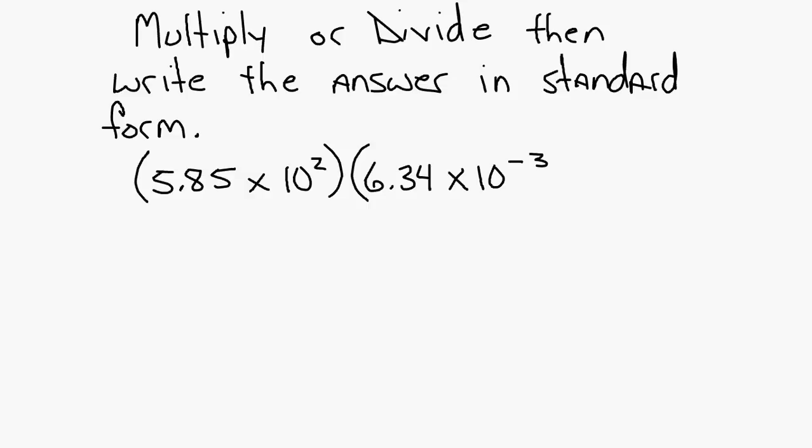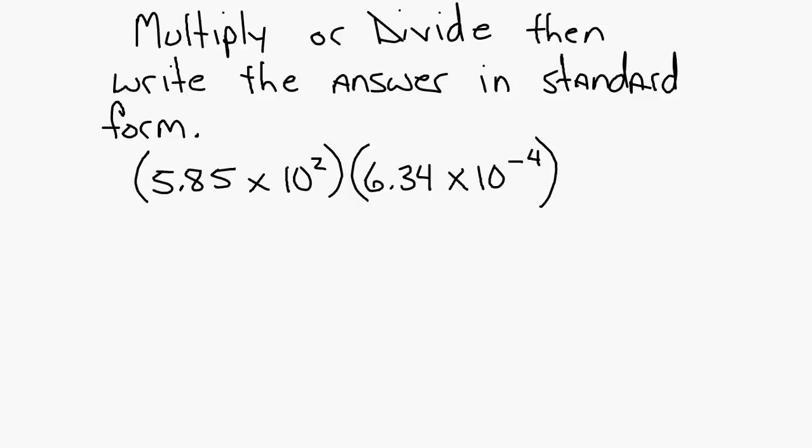Make it negative fourth. The first step is going to be to multiply the A's. All right? So your first step is to multiply the 5.85 times 6.34.